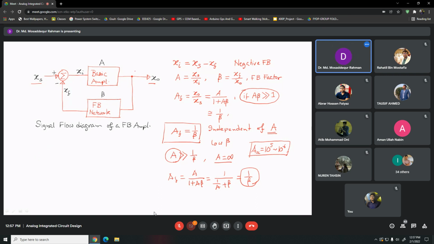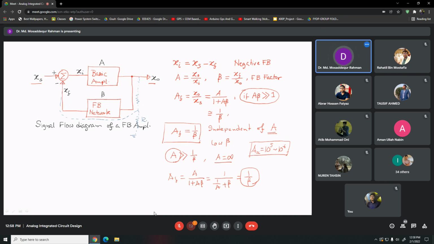If you remember the op-amp, we take from the output and connect a resistor here, and then we connect another resistor, and then this one we connect back.